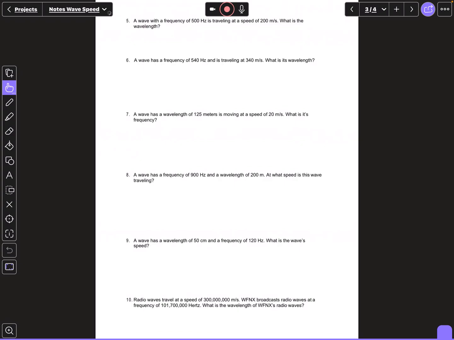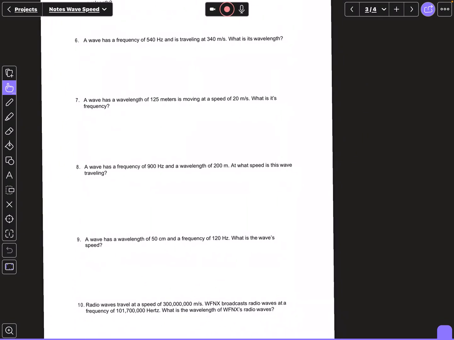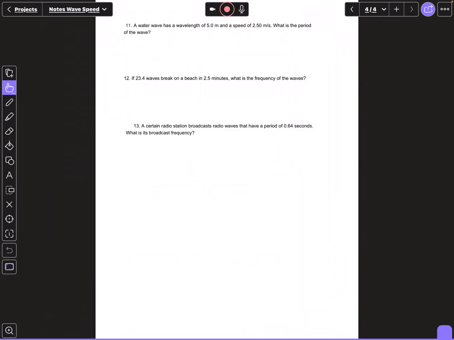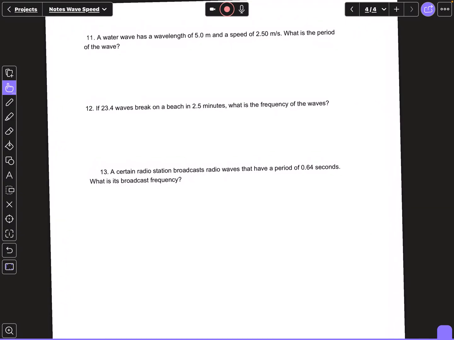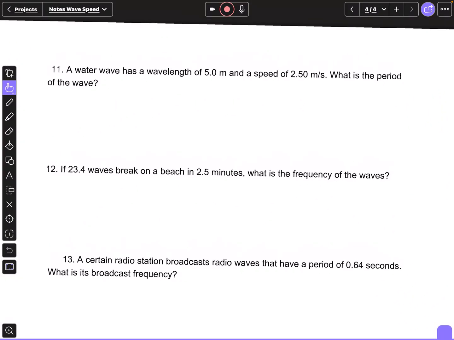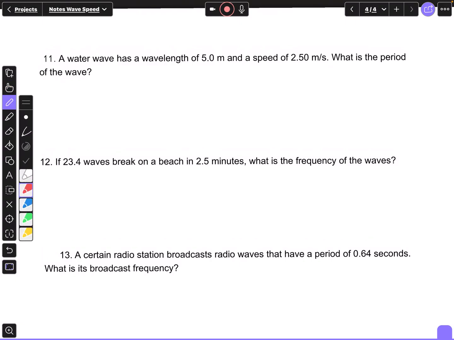Now, if we look at number 11, I just want to go over this one. A water wave has a wavelength of 5 meters and a speed of 2.5 meters per second. We just want to know the period of the wave.